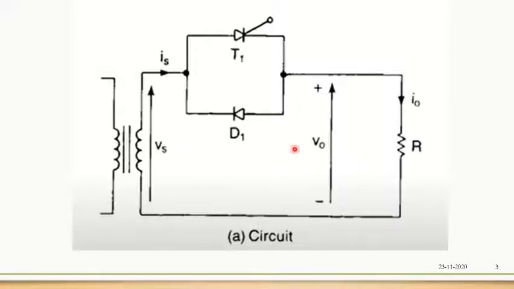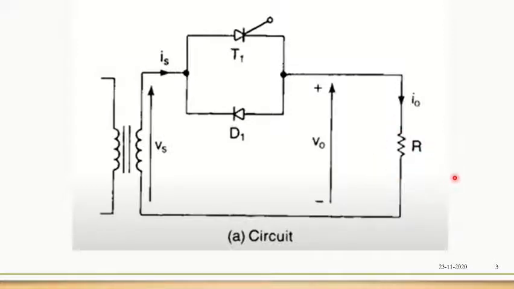The circuit we discussed in the previous class was just to explain the phase control operation in AC voltage controller. Another drawback of this circuit is that it had a DC component in the output. We are talking about an AC voltage controller, that is, how the AC signal fed to the load can be controlled.